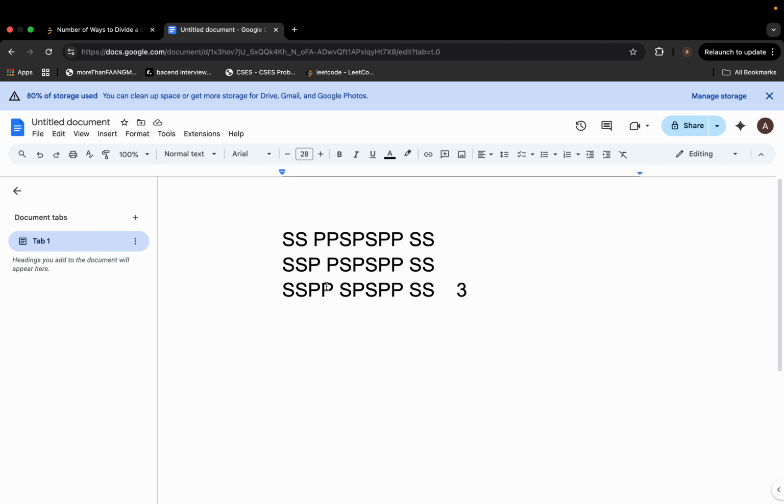Okay. Now if you see, I'll put the indexes as well: 0 1 2 3 4 5 6 7 8 and 9. Let's remove this. You got an idea that if we have some difference between two indexes, then we can have some approach and make something out of it.